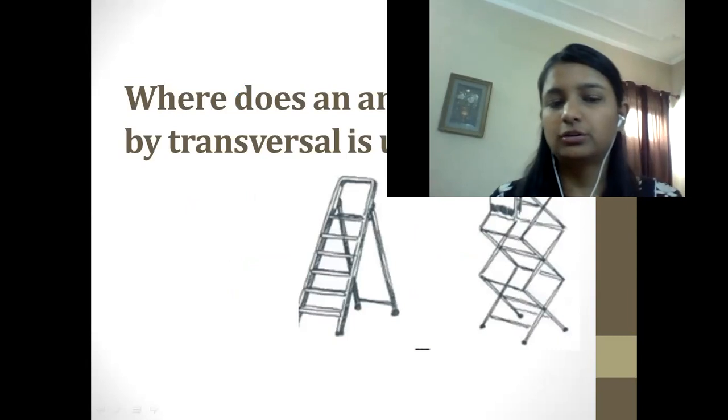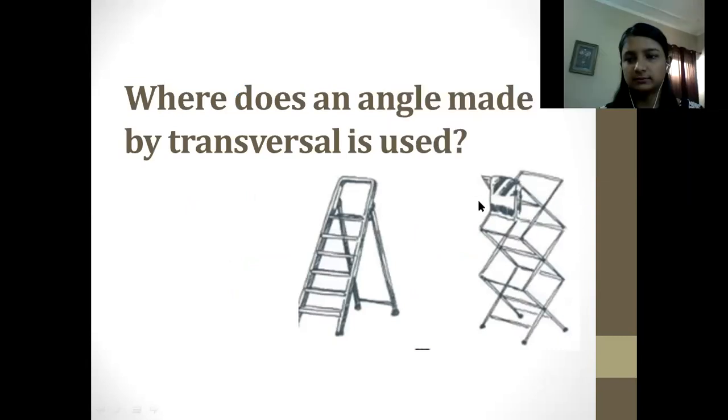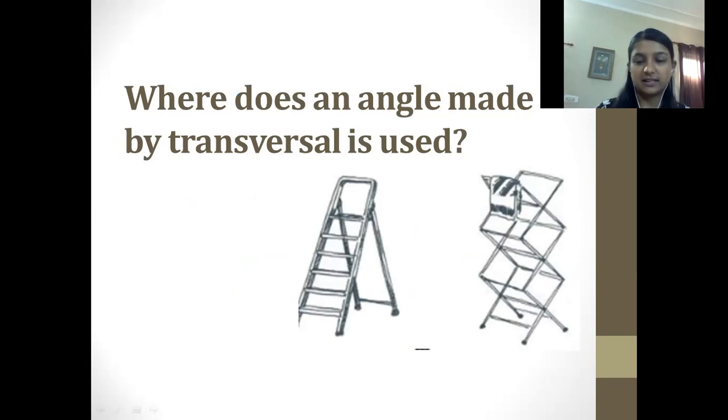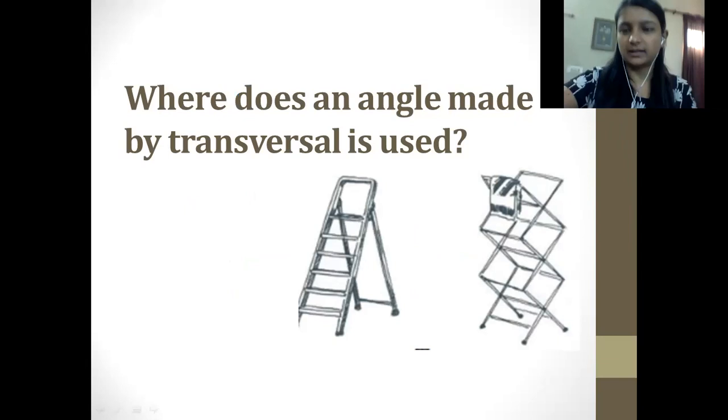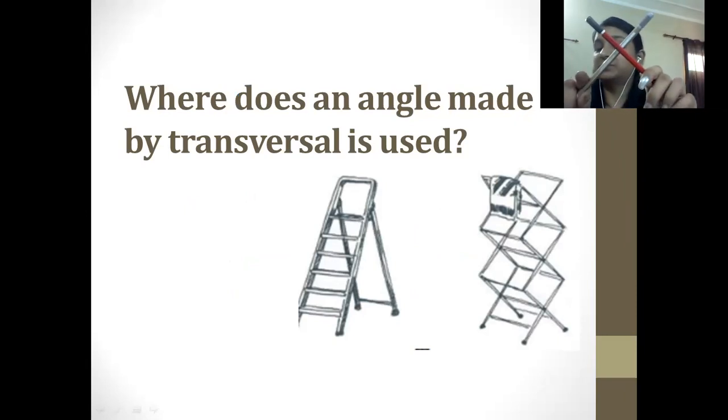Yes. So now where do angles made by transversal appear? What do you think? Here are two examples given to you. You know, your mother and your family used to hang bed clothes on this kind of stand where you can see the zigzag crossed lines made like this. We have done this in the previous class. These are the vertical opposite angles.